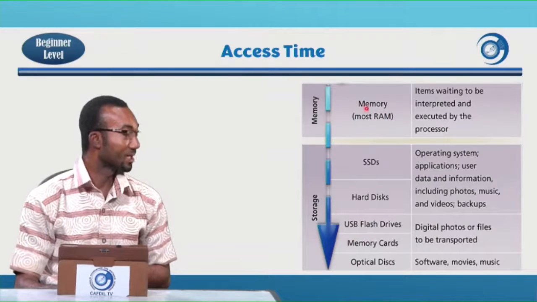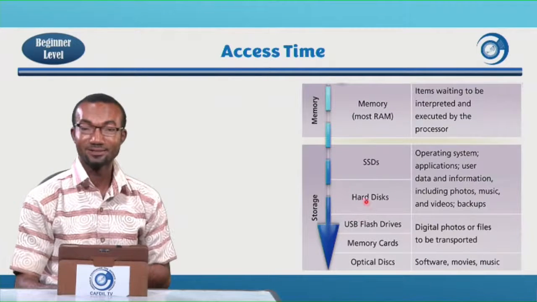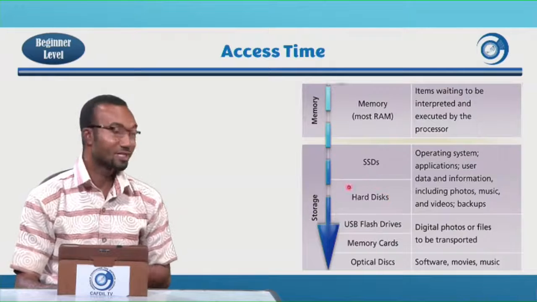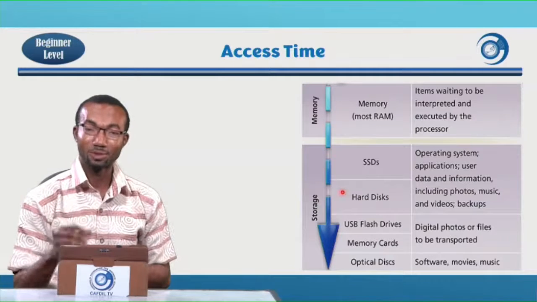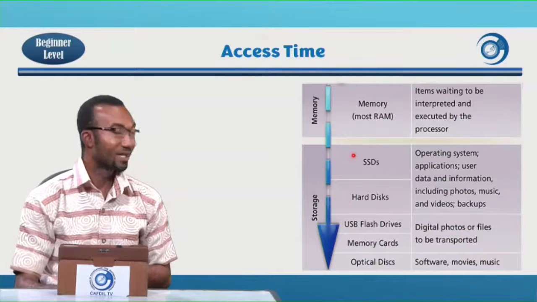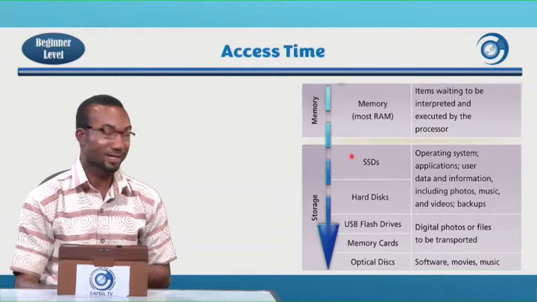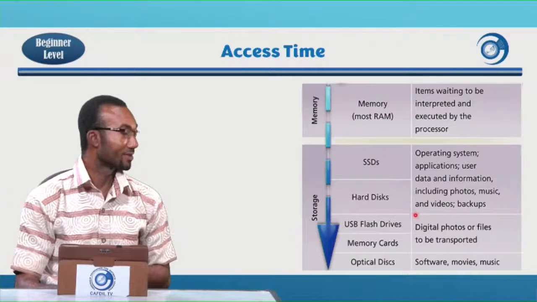So the RAM, being the memory, is the fastest. Then it will come to SSD, solid state drives. Viewers, gradually solid state drives are replacing the conventional hard drives that we have. So these days, if you buy a brand new laptop, it normally contains an SSD because they are faster than hard drives. Why?